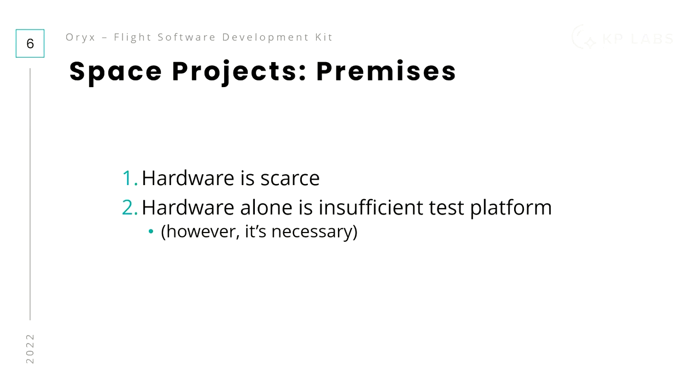The second premise we are coming from is that hardware alone is not a sufficient test platform. What I mean by that is that there are many other types of tests, and you have to test on hardware, of course. Without that, it doesn't make much sense, but it cannot be the only testing you are doing, because there are things you will not be able to test only on hardware.